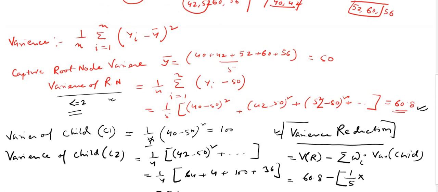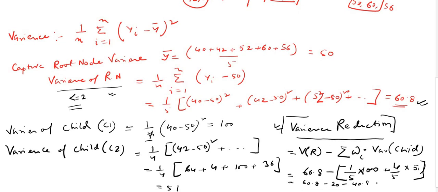So we will mention here 100, and again here it will be 4 by 5 into 51. So ultimately my total will come, if you do it, 60.8 minus 20 minus 40.8, which will make it 0. Oops, 0. Okay, so this is the interesting thing. Whatever the way we split first, we found our variance reduction is 0.